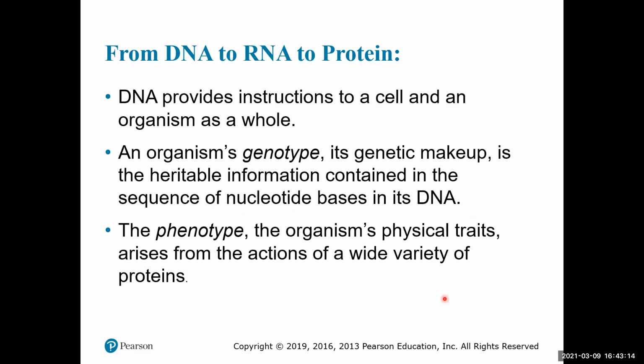Okay, so that's it for the replication video. In the next video, we are going to look at how DNA is transcribed into RNA, and then we'll look at how RNA is translated into protein.